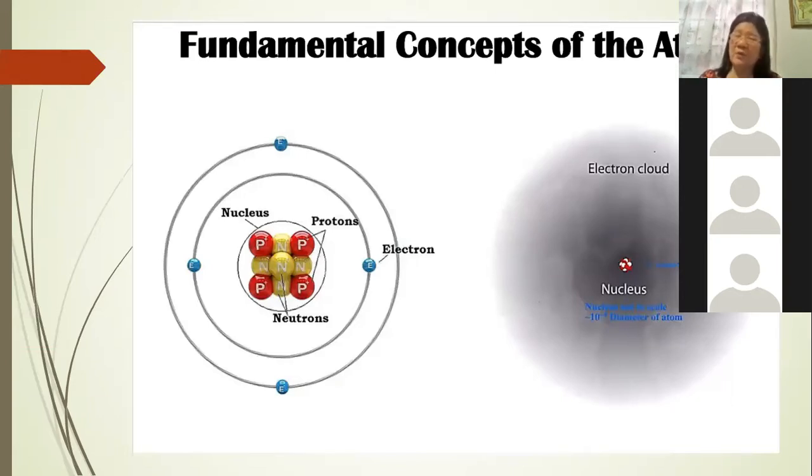It started with the subatomic particles. Accordingly, atoms have subatomic particles, and that is the nucleus, which is at the center.